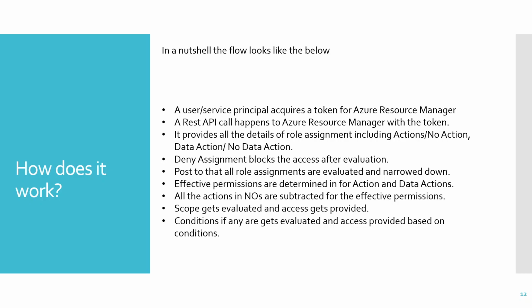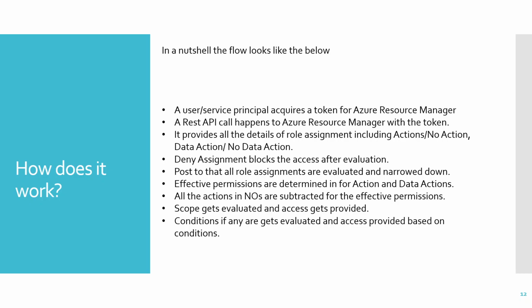So it does all the authentication matrix evaluation, basically, if you want to say. Now, how it works: when a user wants to talk to Azure for access, it goes with an access token, using a REST API, to Azure Resource Manager.